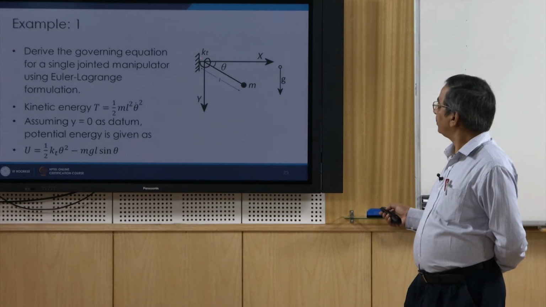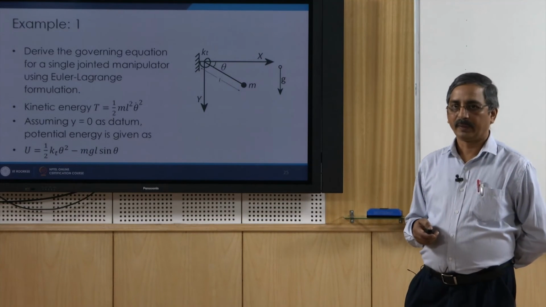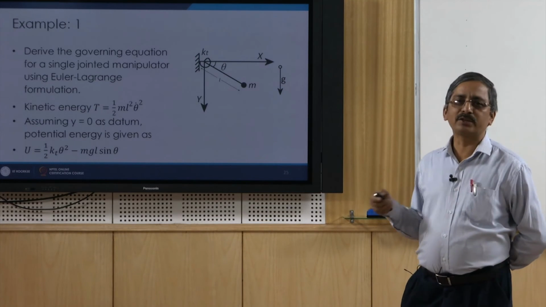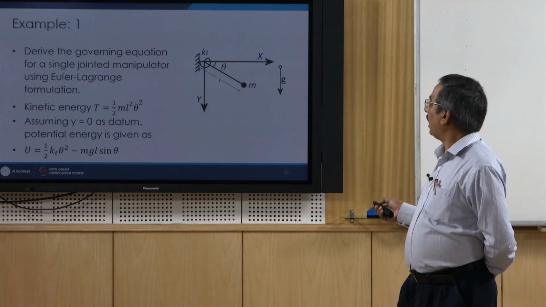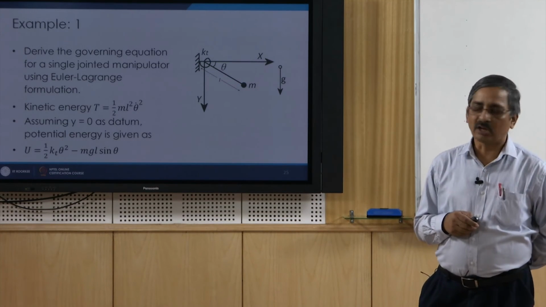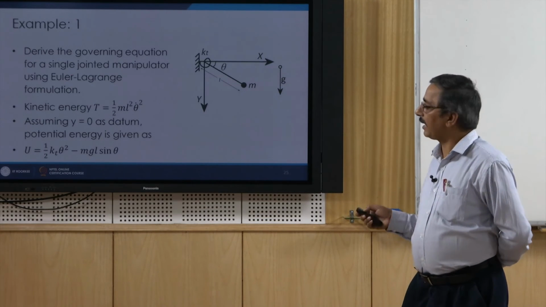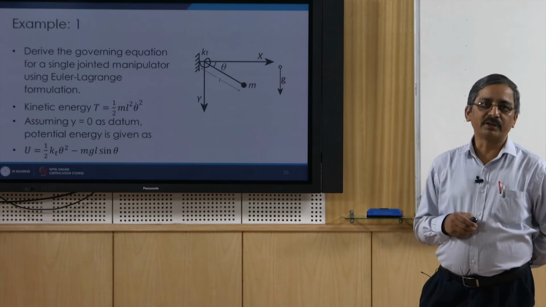We can always replace this torsional spring with a motor, but here my aim is to explain how we model it. So, I am just considering actuation of this joint with the help of a torsional spring. Let us use the Euler-Lagrange formulation to find the dynamic equation for this one.